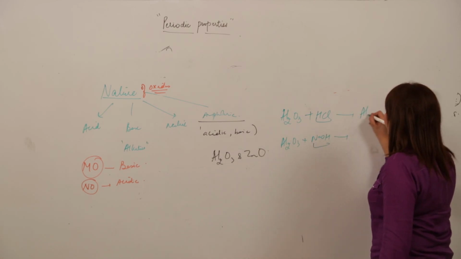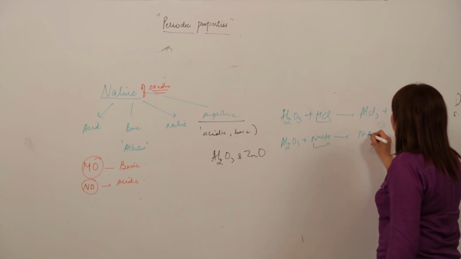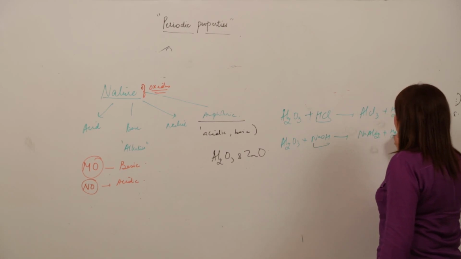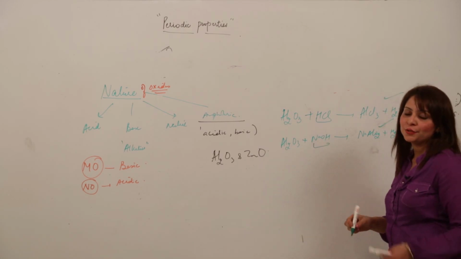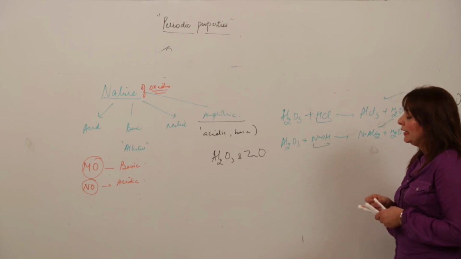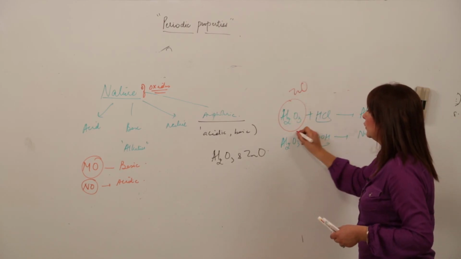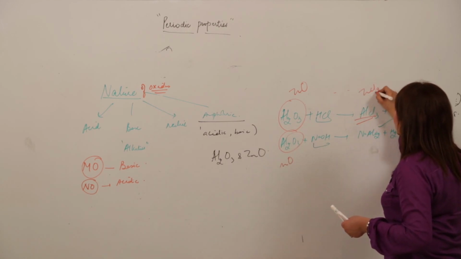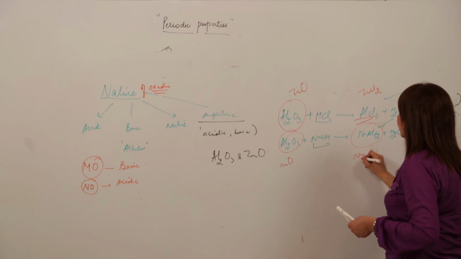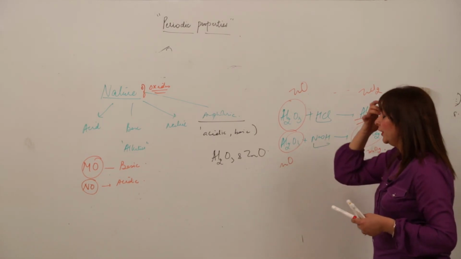It forms AlCl3 with H2O, and here it forms sodium aluminate plus H2O. So the reaction can occur with both of them, which shows it is amphoteric in nature. Likewise, we can show it for zinc also. Using zinc oxide, it forms zinc chloride, and here it forms sodium zincate. So that shows they are amphoteric in nature.